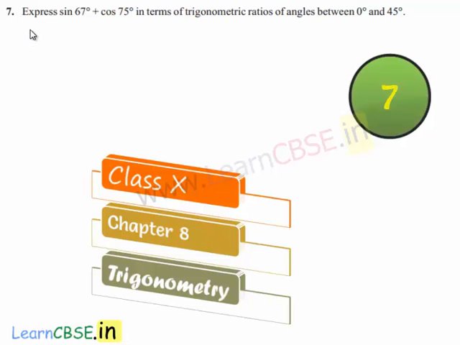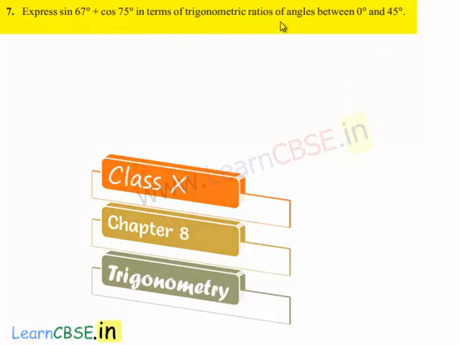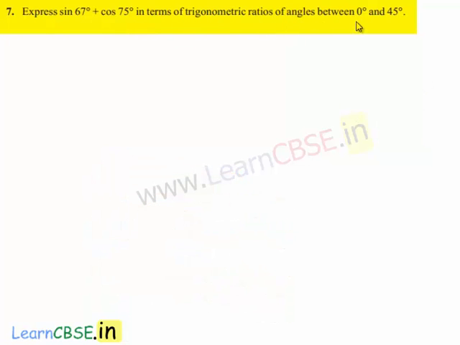Moving on to the 7th question, express sine 67 degrees plus cos 75 degrees in terms of trigonometric ratios of angles between 0 degrees and 45 degrees. Now moving on to the solution. Let us note down the given expression, that is sine 67 degrees plus cos 75 degrees.